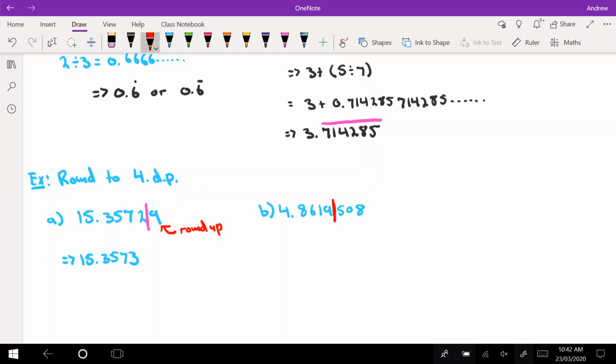So I draw the door behind my 9. Open the door, and what's behind it, Cynthia? 5. So if it's a 5, do I round up or down, guys? I round up. So since it's a 5, I round up. And it's going to be 4.8620.